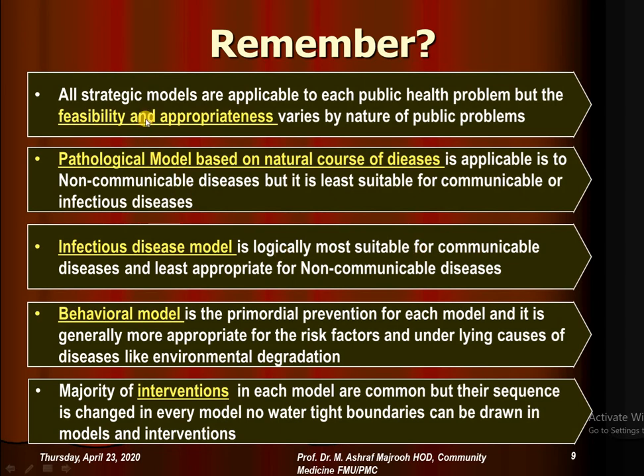On the other hand, in the pathological model, immunization falls in the specific protection in the primary level of prevention. So this is how the sequence of these interventions is changing.